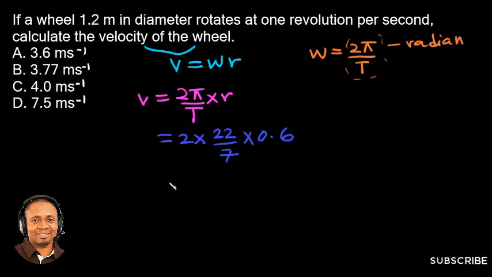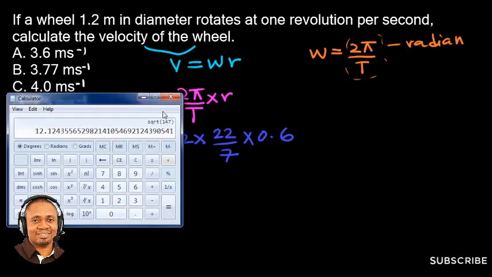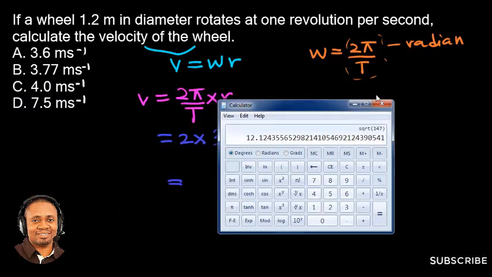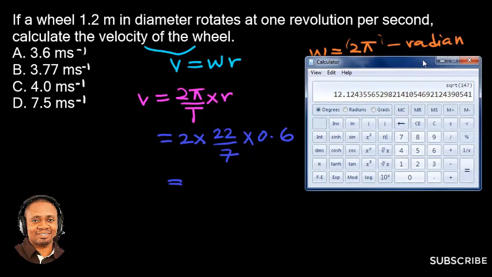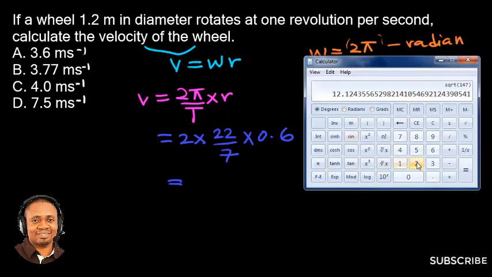Now let's use the calculator to do this. We say 22 times 2 times 0.6, to be divided by 7.